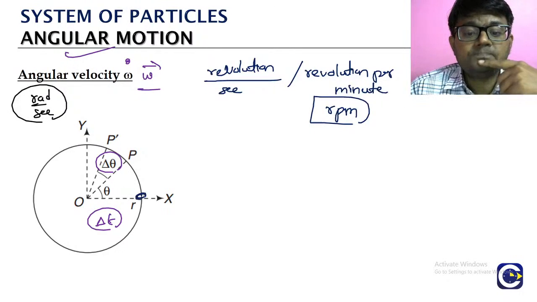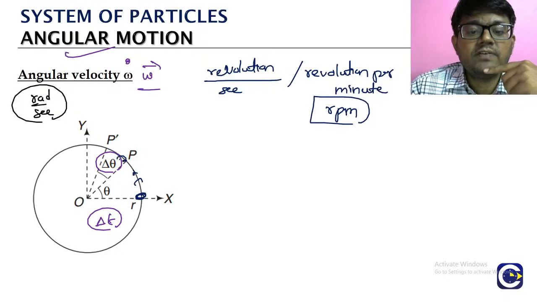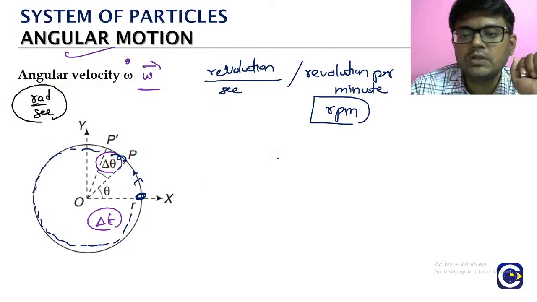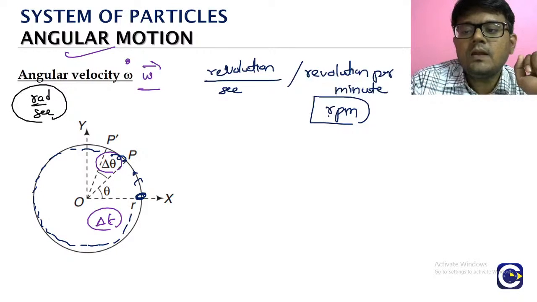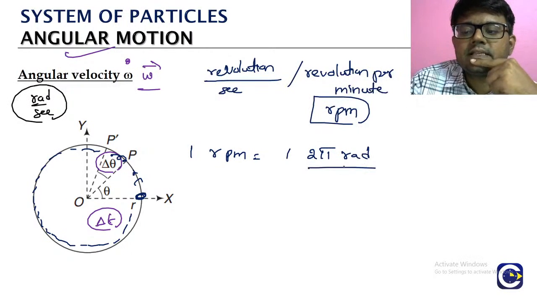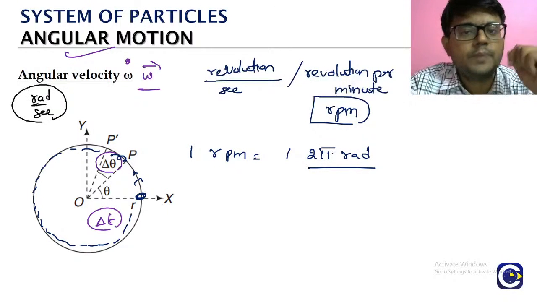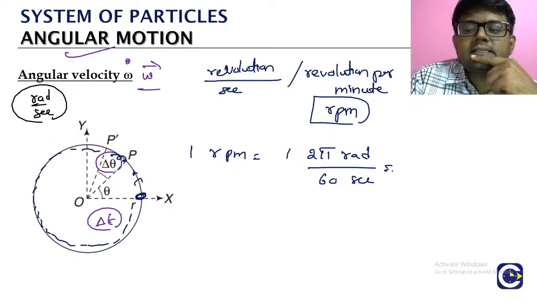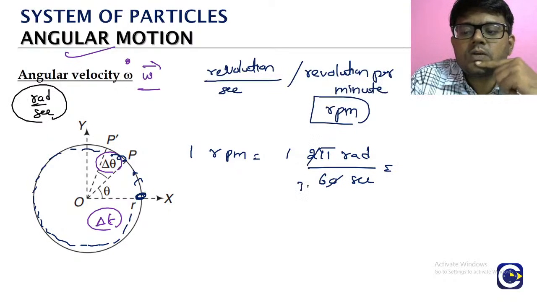Revolution: if we start and cover one full circle, that is what we call one complete revolution. So RPM, revolution per minute, means one revolution is 2 pi radians, because the angle in a full circle is 2 pi radians. Divided by a minute, which means 60 seconds. 2 ones are 2, 2 thirties are 60.